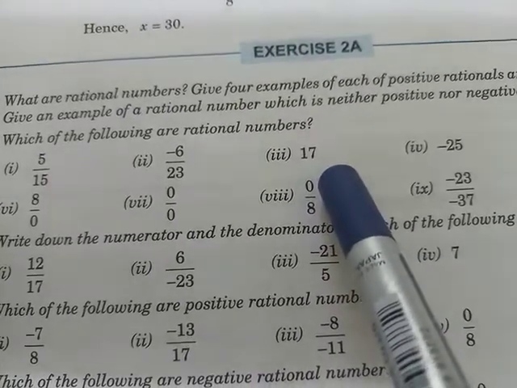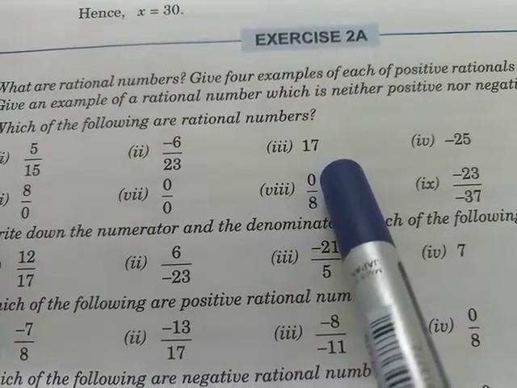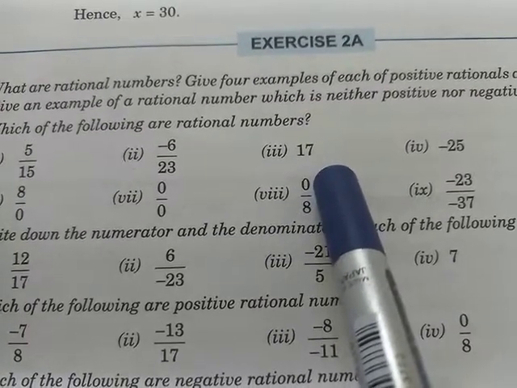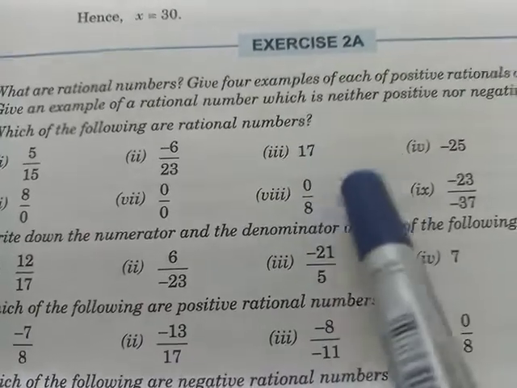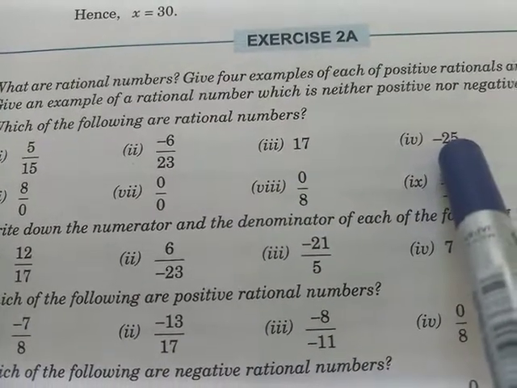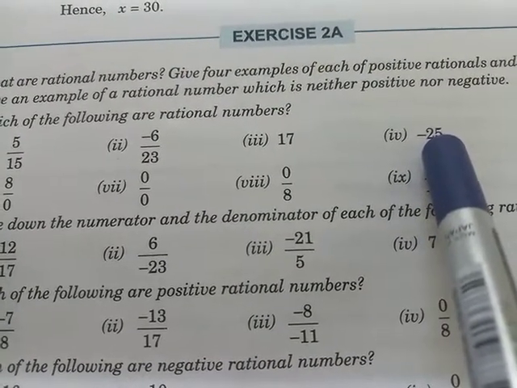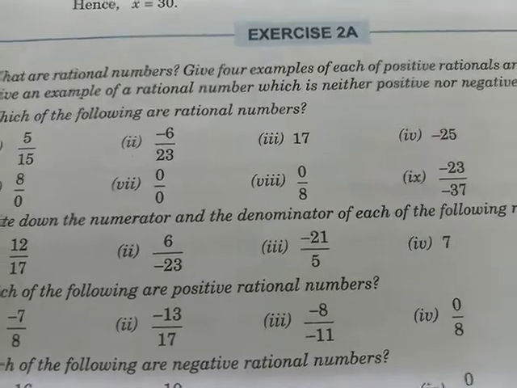Again, 17 is a natural number, and every natural number or every whole number is a rational number, because 17 can be written as 17 by 1. Minus 25 is again a rational number, because minus 25 can be written as minus 25 upon 1.